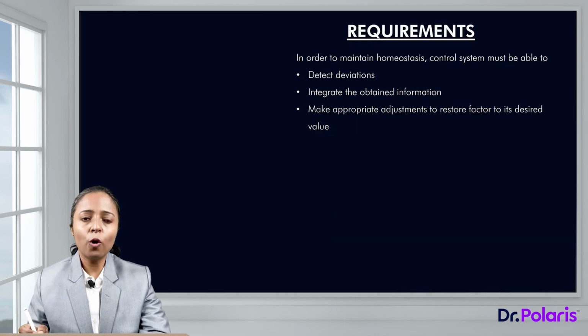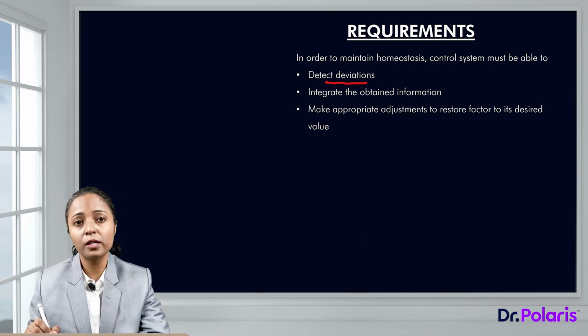Now, in order to maintain homeostasis, there should be certain systems which are able to detect deviations, right? So if there is any deviation in the variables of the internal milieu, we should be able to sense it.